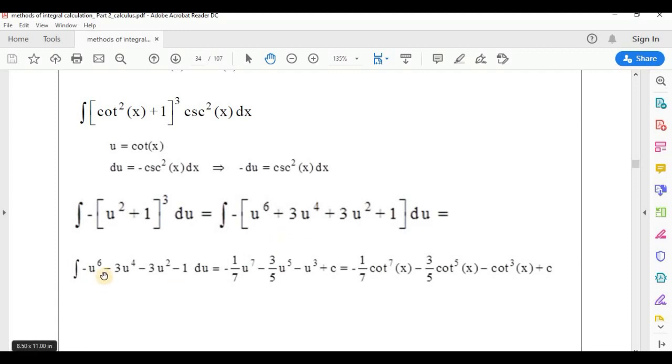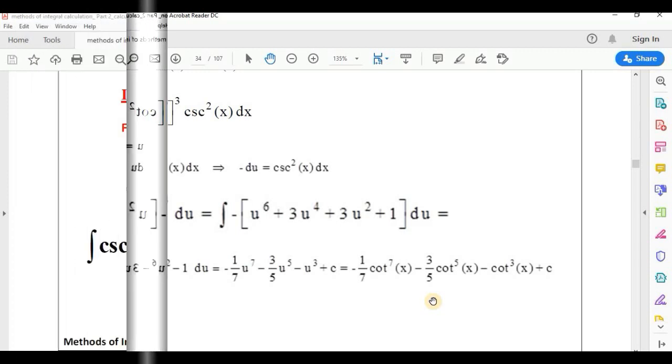We just increase the exponent by 1 and divide by the new exponent, and we will get the result of this integral in terms of u. The last step, we will put the integral in terms of x. We just substitute the value of u. What is u? u equals cotan x. And it will be the final result of this equation.